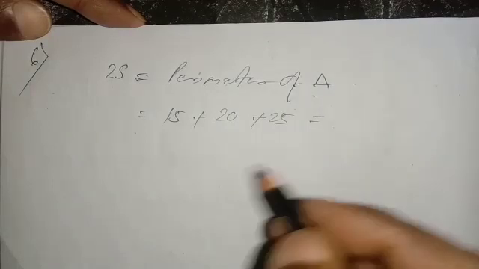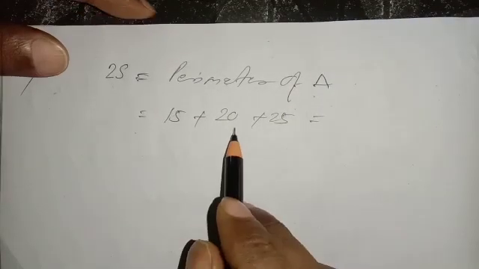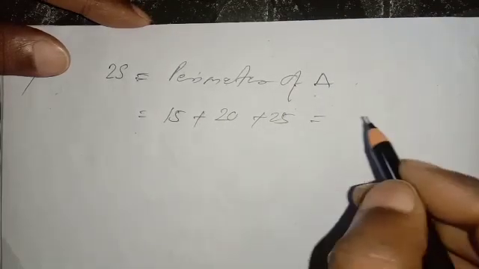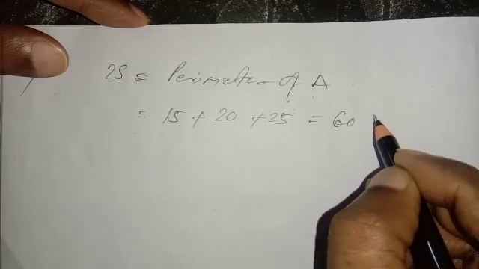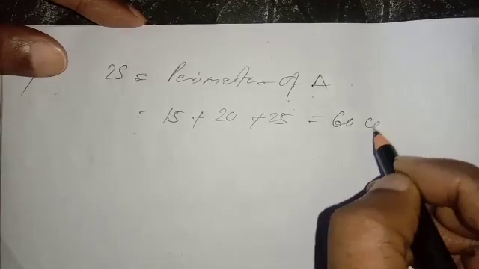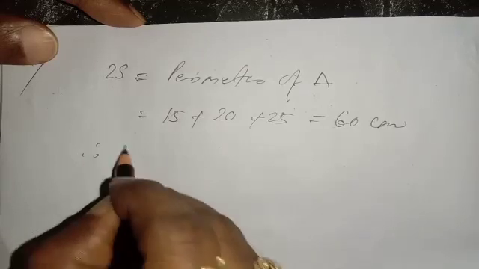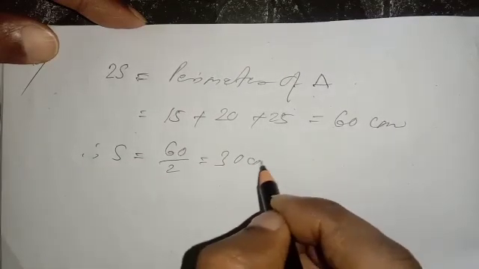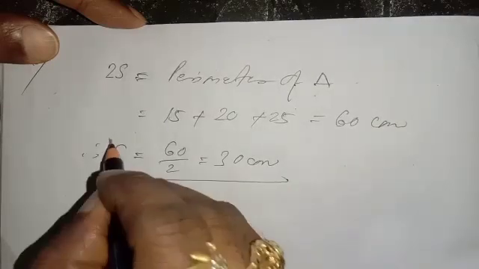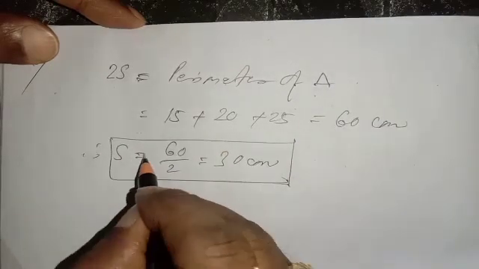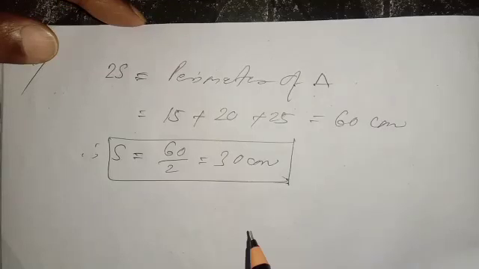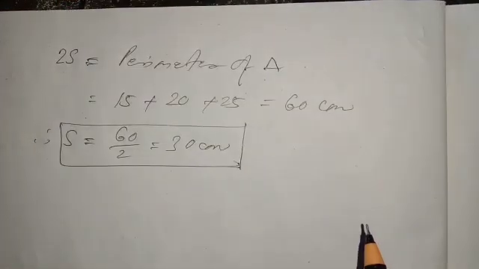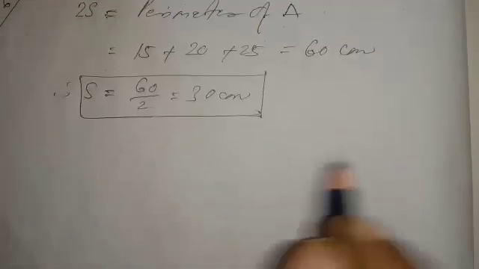How much is coming? 35 plus 25, 60 centimeters. Therefore, S equals semi-perimeter, 60 by 2, that is 30 centimeters.